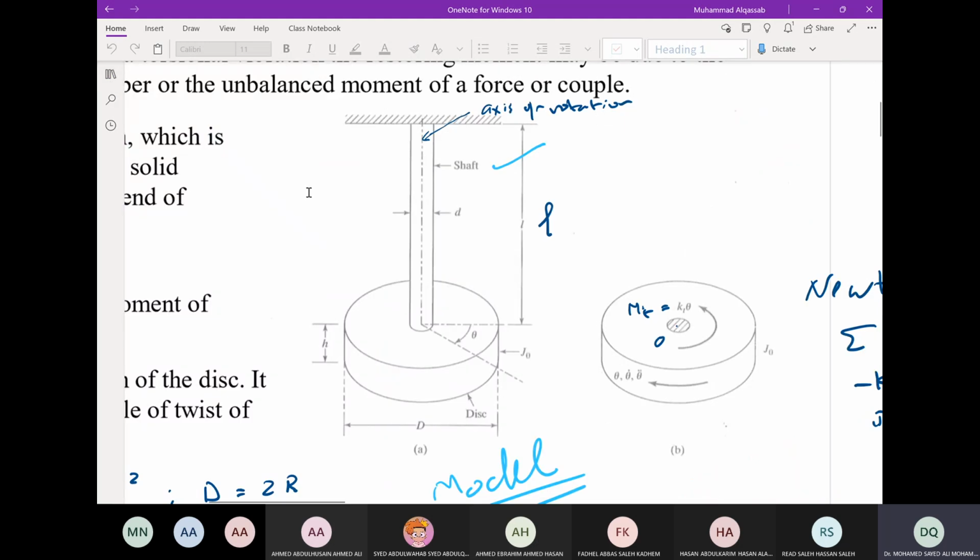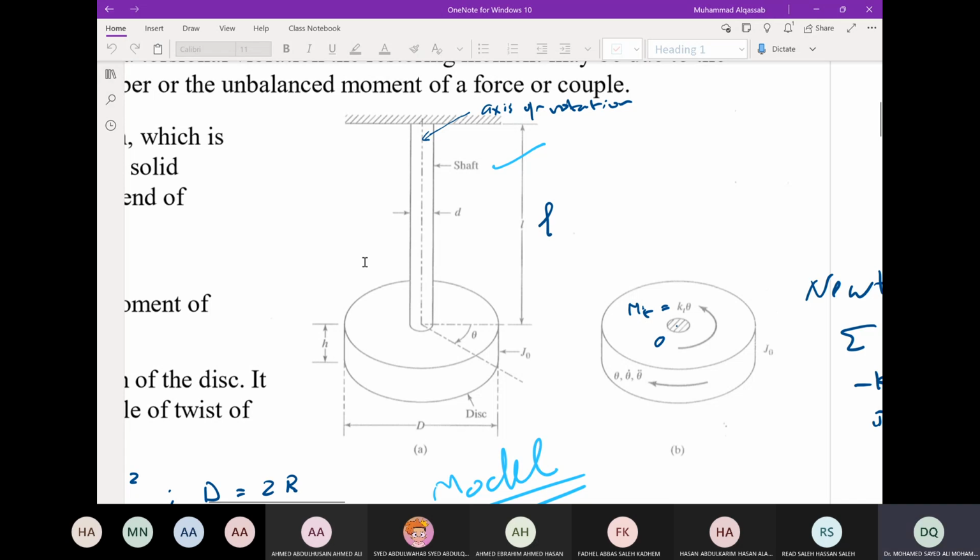So that we have a shaft and it is carrying the disc, and the center line of the shaft goes through the center of the disc.